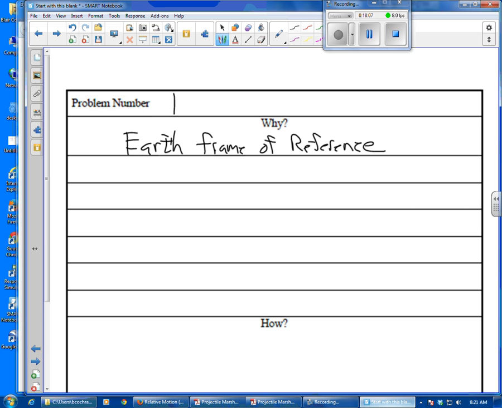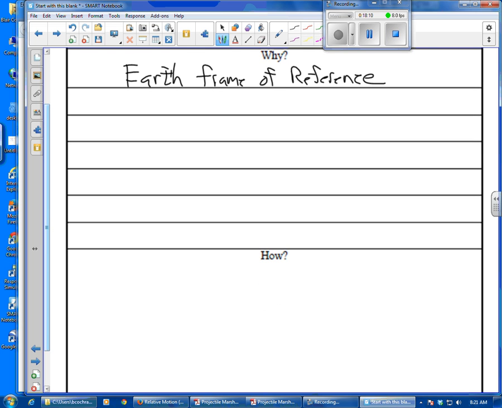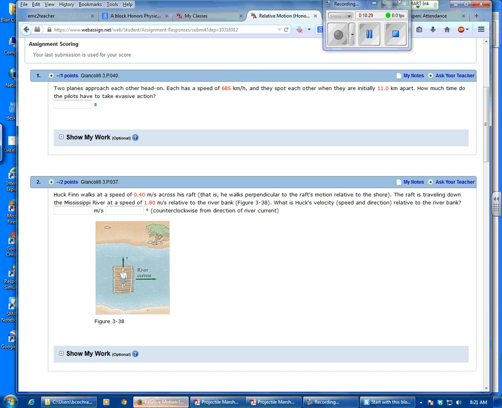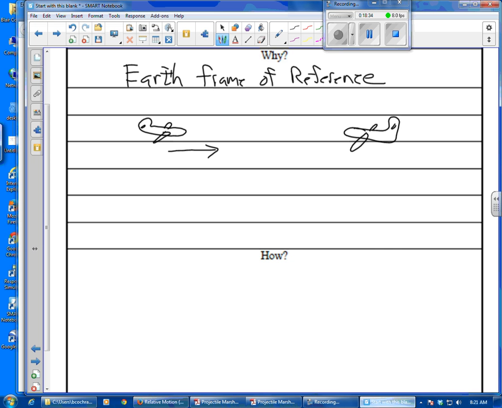And for the Earth's frame of reference, we've got this one moving this way from the Earth's frame of reference at 685 kilometers an hour, and this one moving this way at 685 kilometers an hour.